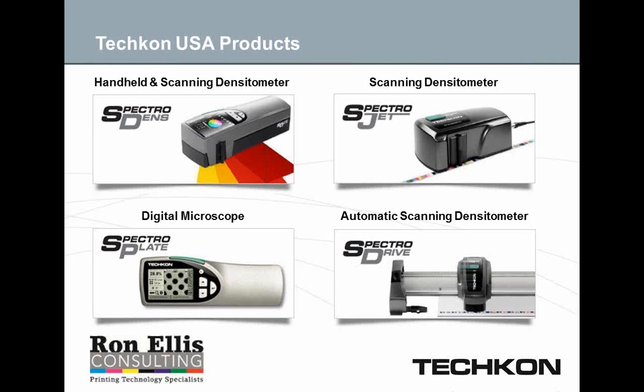And then the SpectroEye, that's our inline spectral densitometer that was developed over here using the Techkon technology, and that basically gets installed right directly on a flexo, digital or offset press, and takes measurements at actual production speeds.